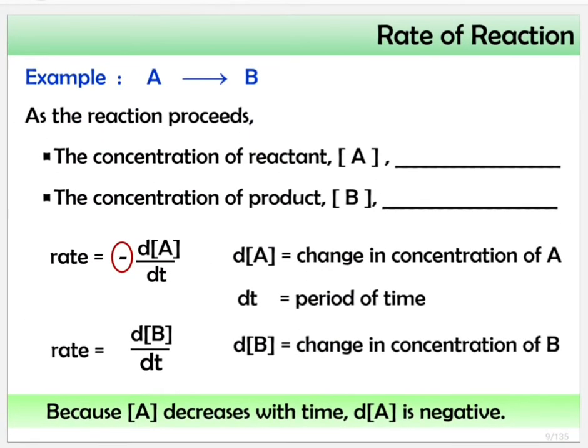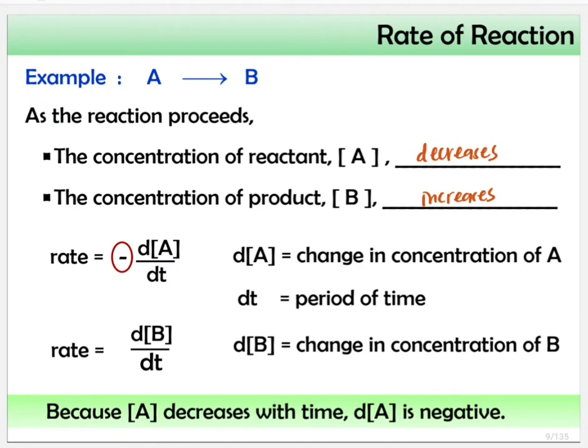Okay, for example, we have A as the reactant and B as the product. So as the reactions proceed, the concentration of reactant A will decrease. Okay, sebab A digunakan untuk menghasilkan B. So A keeps being used to produce B. So A decreases while concentration of B increases. Okay, jadi untuk kadar pengurangan A, okay, the concentration of A is decreased.